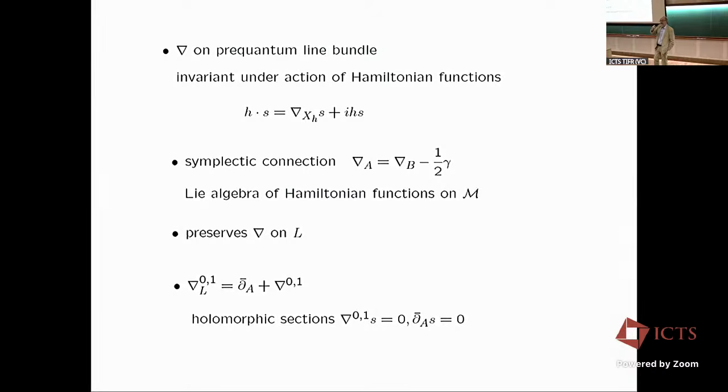I think there was a question. You mentioned this analogy between S1 actions and variations of Hodge structure. Is there a way to interpret equivariant localization theorems in terms of variations of Hodge structure? I think in this context, the localization is being done for the equivariant Verlinde formulas.